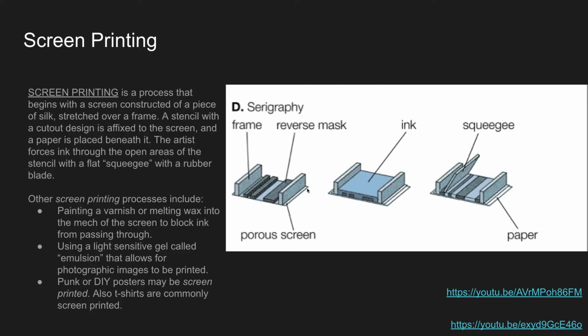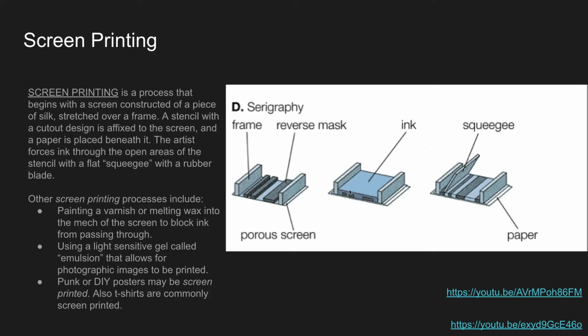So this flat piece at the bottom, you can consider that a screen. So a lightly woven silk mesh. And then there is something called a mask put on here. A mask sort of holds that mesh and it dries on it, and it blocks any ink from going through it.